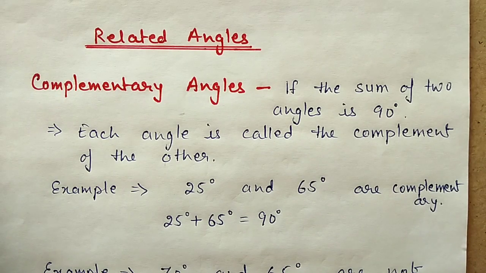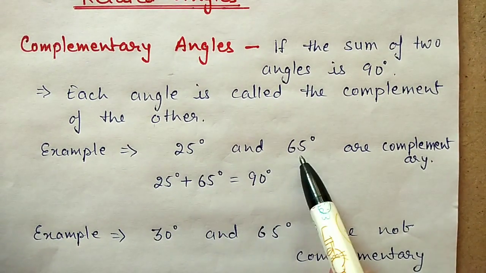Now we will discuss a few more angles that are related angles. First one is complementary angles. If you have two angles and the sum of these two angles is 90 degree, then these angles are called complementary angles, and each angle is called the complement of the other. For example 25 and 65.